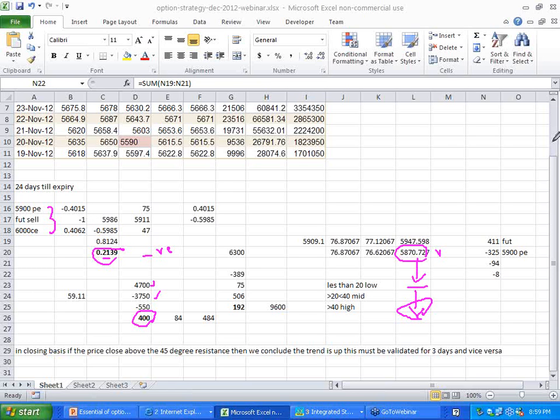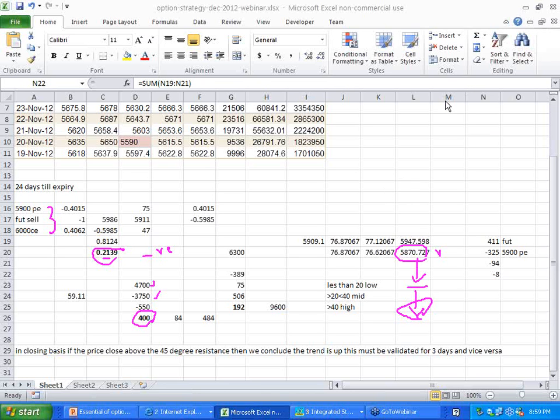Many other such strategies you can form. Almost 20,000 to 25,000 or 30,000 is the money you need to keep as margin. It won't take more than that.